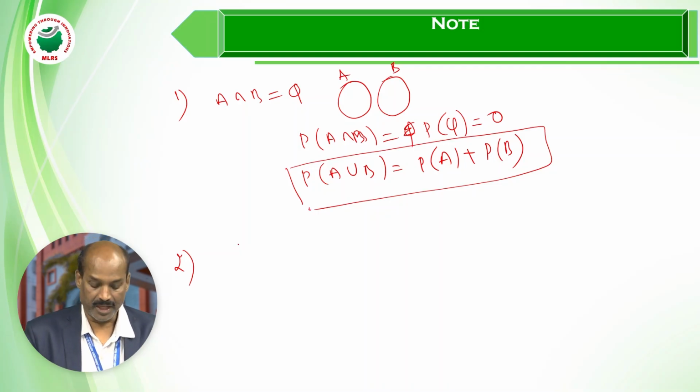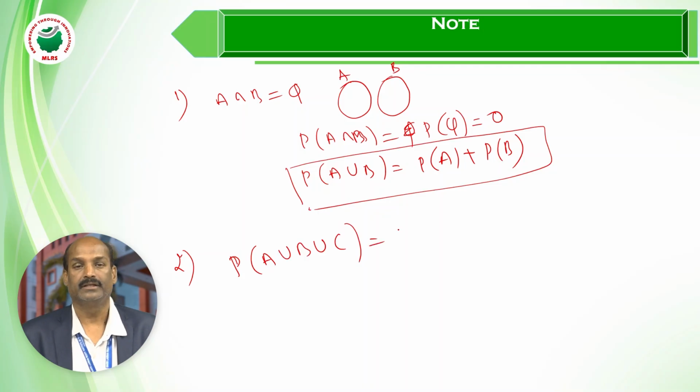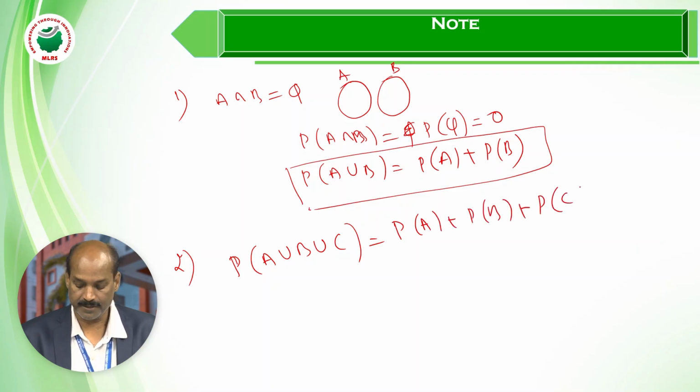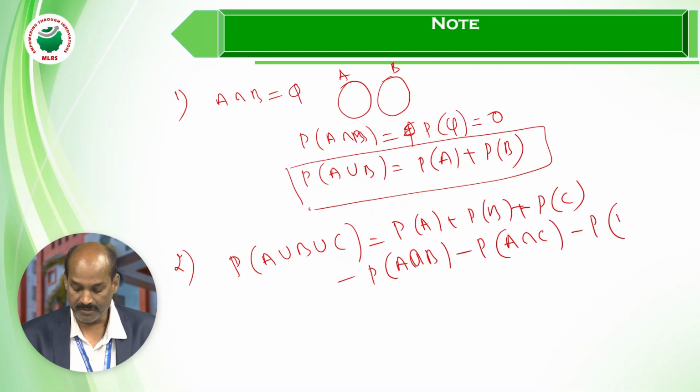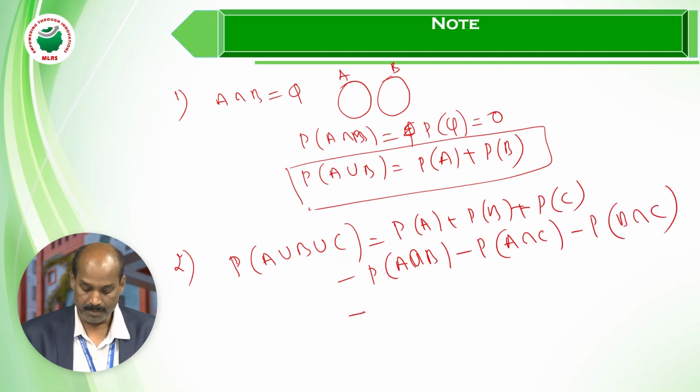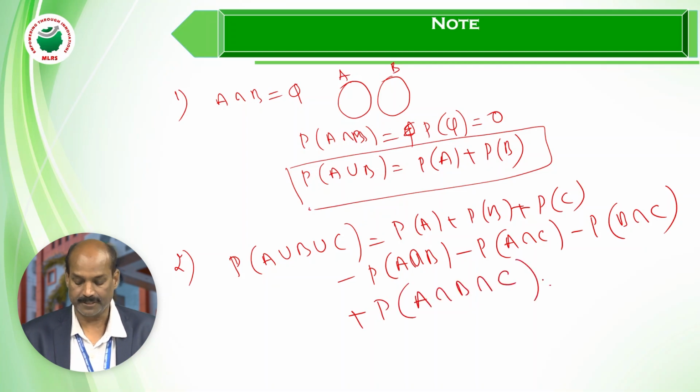Then what happens? We want probability of A union B union C. Similarly, you apply probability of A plus probability of B plus probability of C minus probability of A intersection B minus probability of A intersection C minus probability of B intersection C plus probability of A intersection B intersection C.